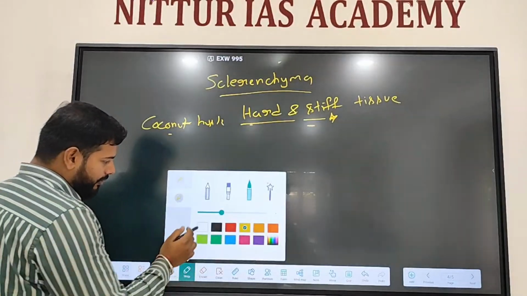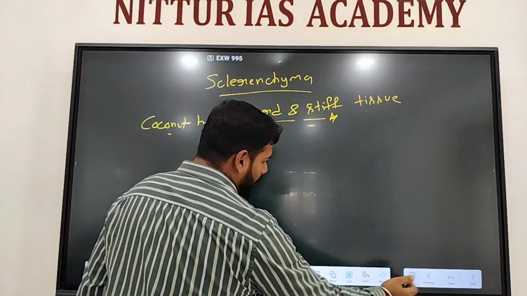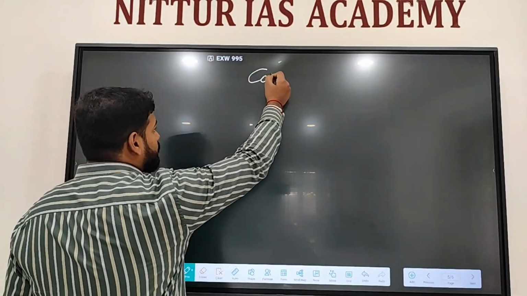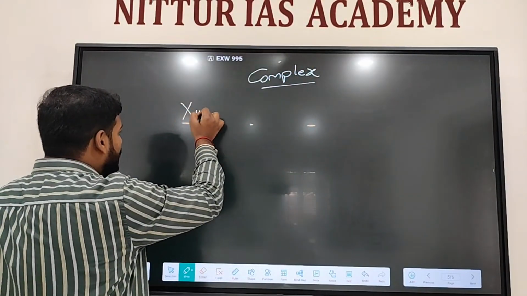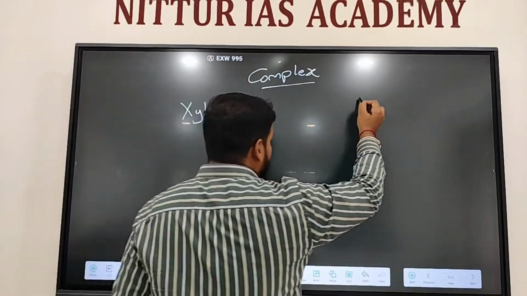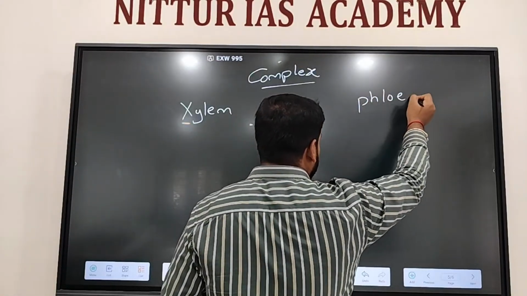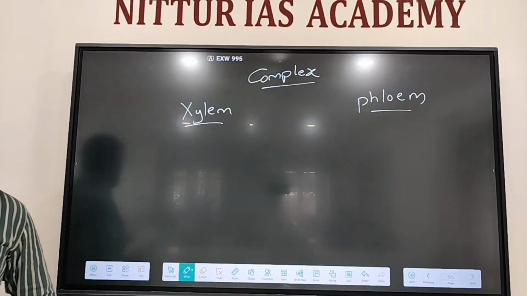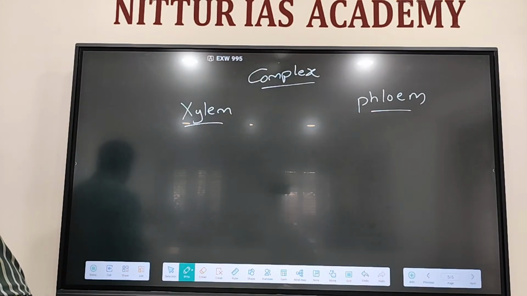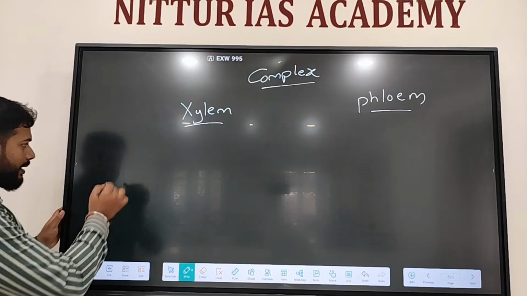Then we have complex permanent tissue, under which we have xylem and phloem. Xylem helps in the transportation of water and minerals.